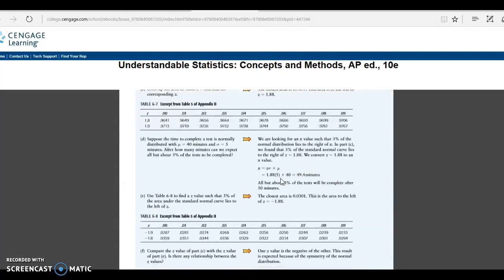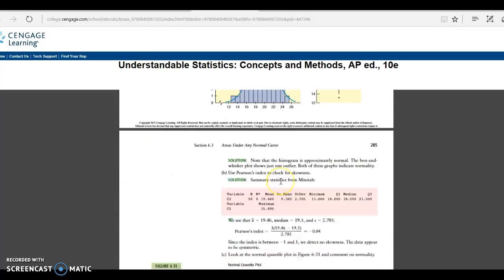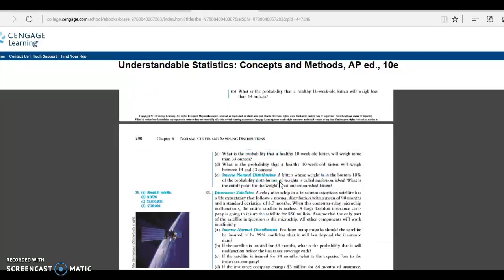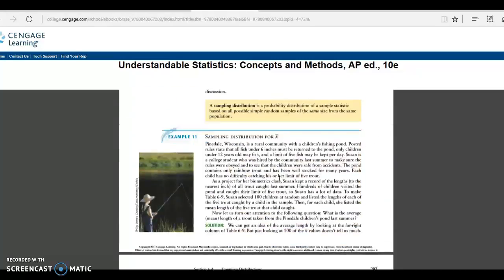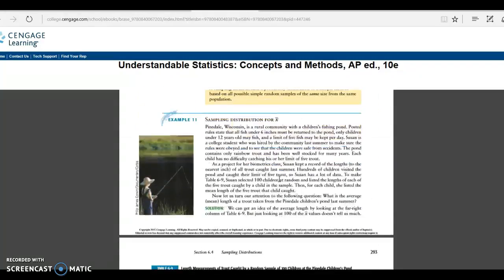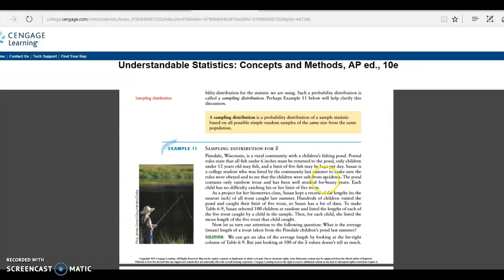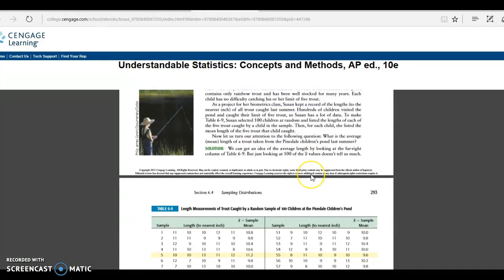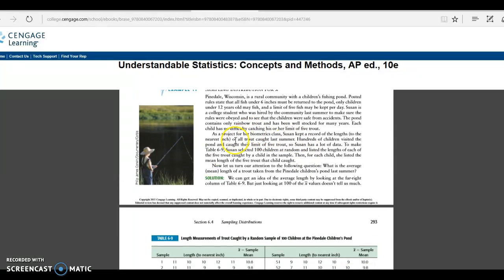I will scroll down here to some data. It's in this book, and it's also in my calculator. I can find it. Okay, here it is. This is data for fishing for a lake up in Wisconsin, and this was done by some graduate students. Kids were allowed to fish in this lake all summer long, and they get a limit of 5 trout.